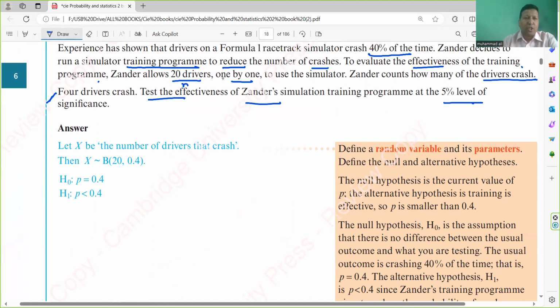Why binomial? Because the number of drivers is 20 and the probability is 0.4. The null hypothesis is P equals 0.4. And as we want to reduce crashes, the alternative is P less than 0.4. This information is very important for us.